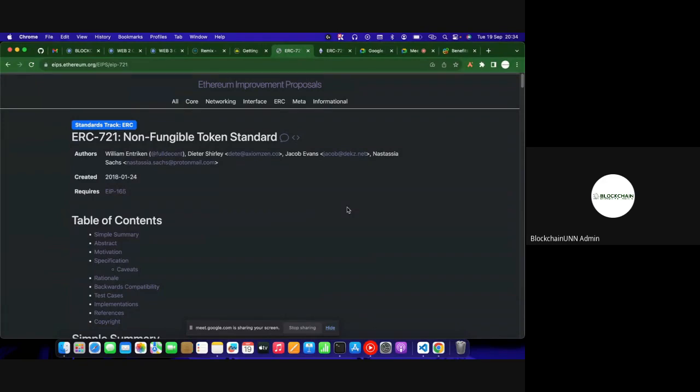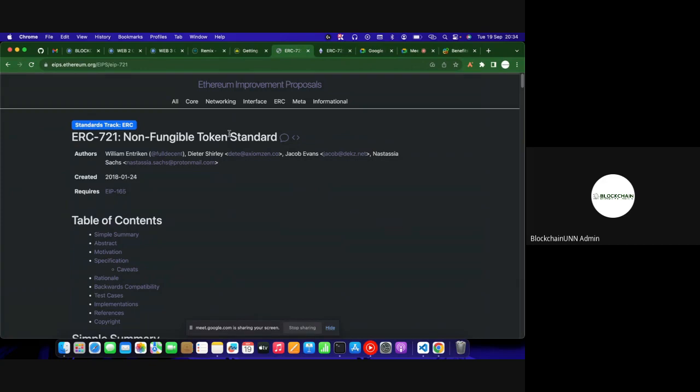Now we're going to dive into the technical part. We're going to be exploring the initial Ethereum improvement proposal. All right, so where do we start from? Okay, so EIPs are basically proposals that are made to propose a change within the Ethereum ecosystem.